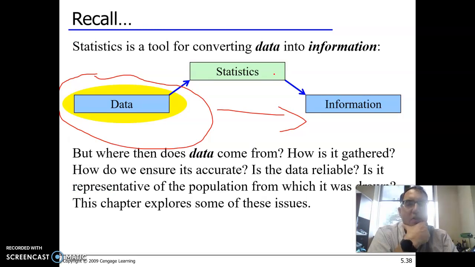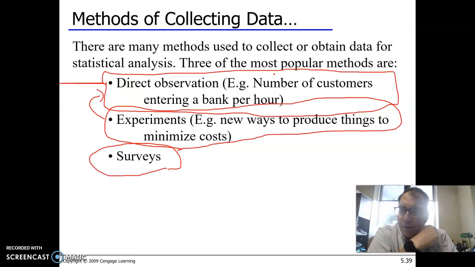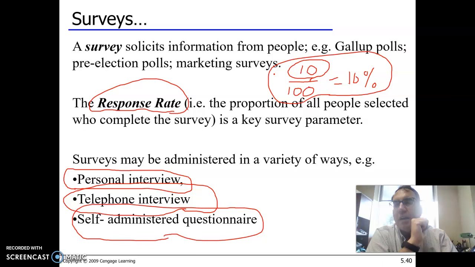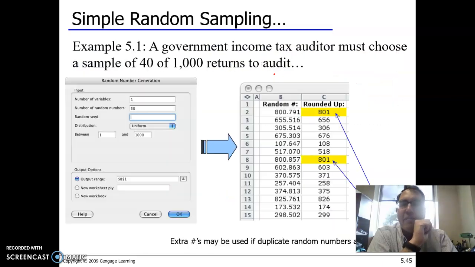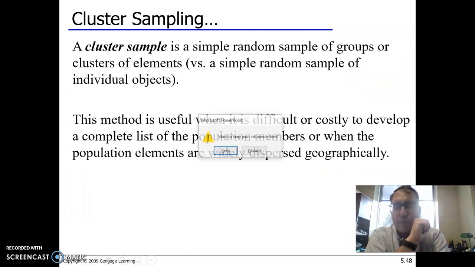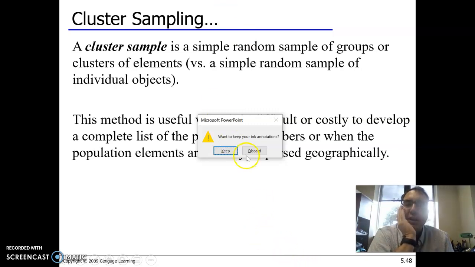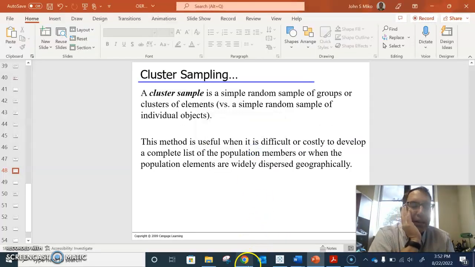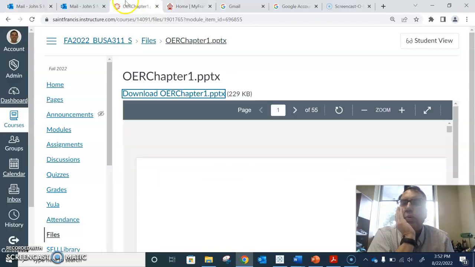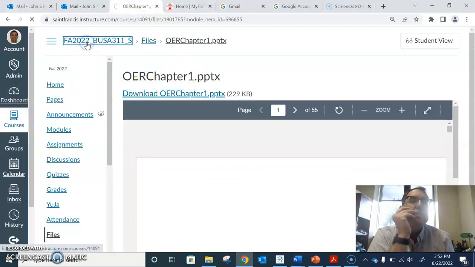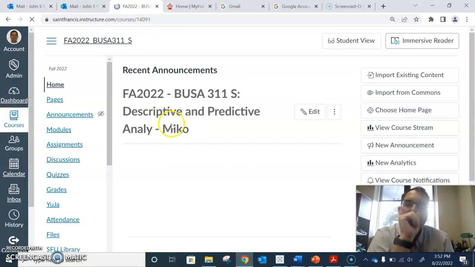The other things that we covered: where does data come from? That was just today's lecture. What kind of errors we can have. All of those things are potential multiple choice in our sample. So let's go to Business Analytics 311.